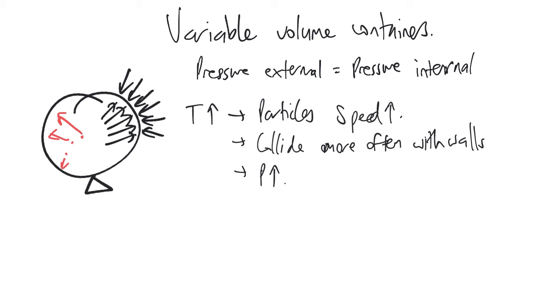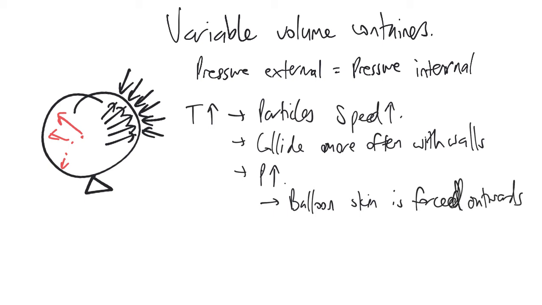So because your pressure increases, that effectively means that the balloon skin is forced outwards. When it's forced outwards, what that does is that it lowers the amount of collisions internally.